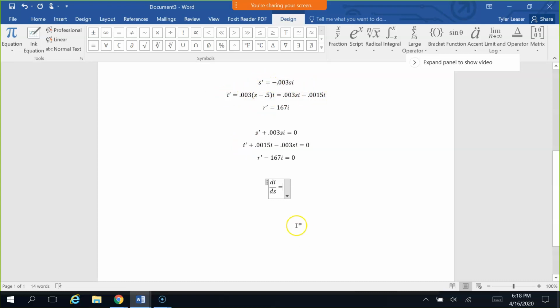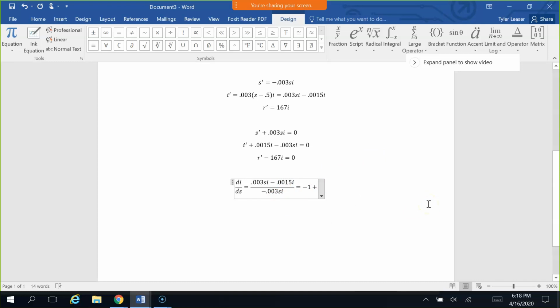So just think of it as I prime on top as the numerator. So I prime was 0.003 SI minus 0.0015 I, and then S prime as the denominator, negative 0.003 SI. Then dividing both of these by that negative whatever, we get negative 1 plus, what's this? Negative 0.0015 divided by 0.003?